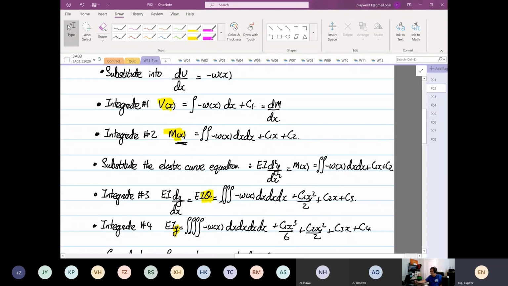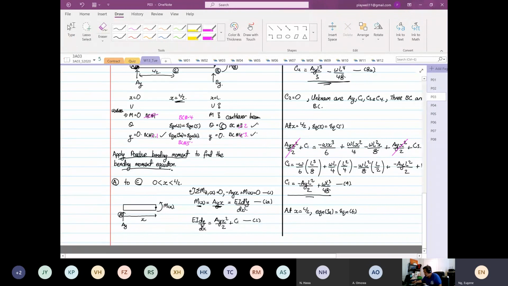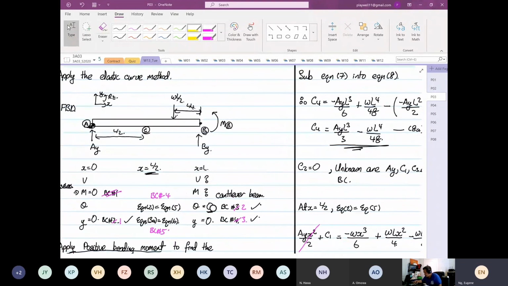Then you go to the elastic curve. So you just put in EI d squared y over dx squared. Okay. Then you integrate again and you integrate again. You have to be very cautious about your what? Boundary condition.